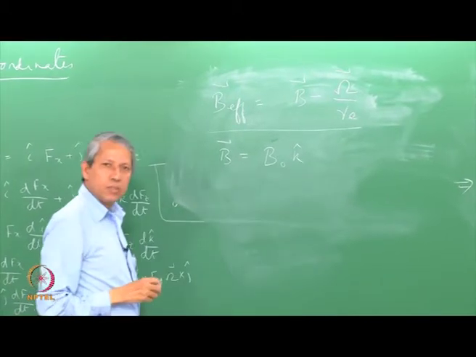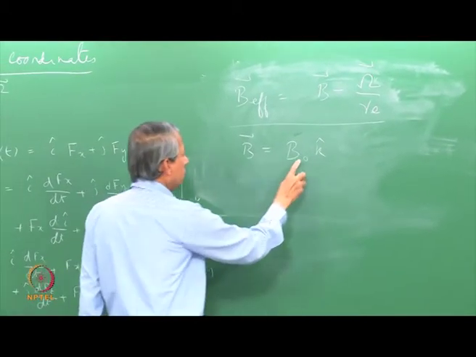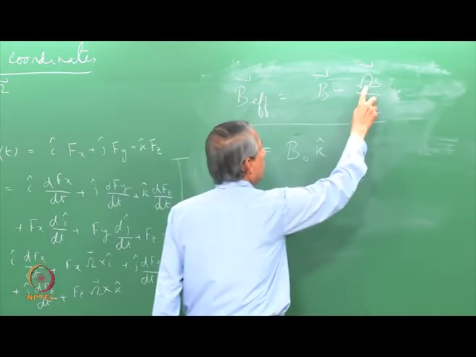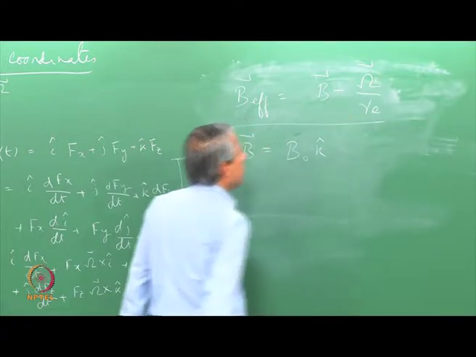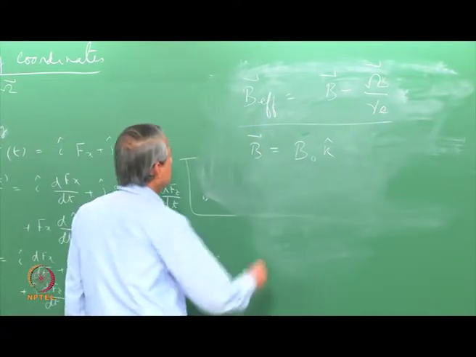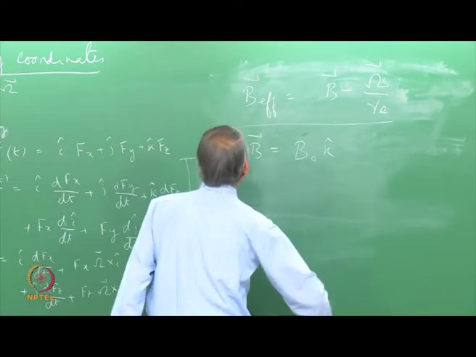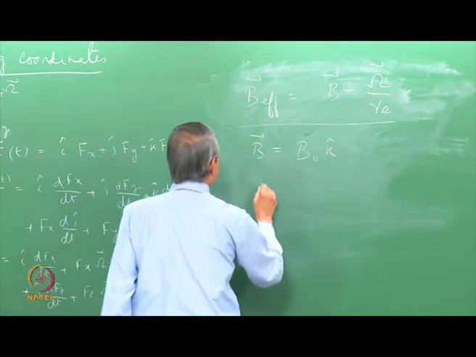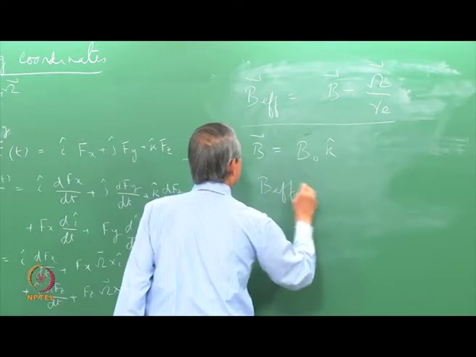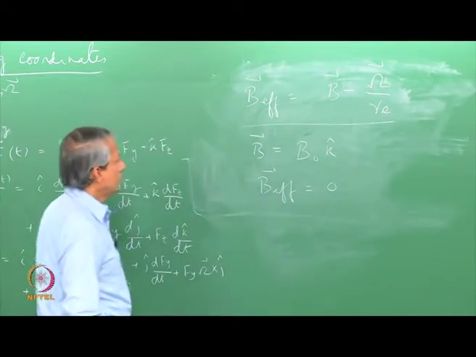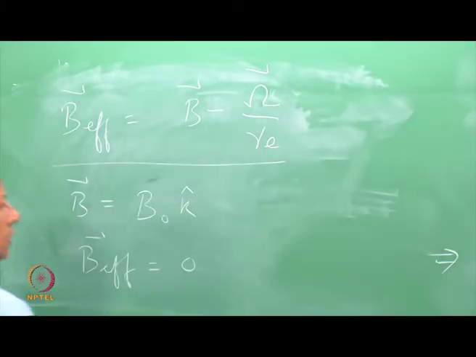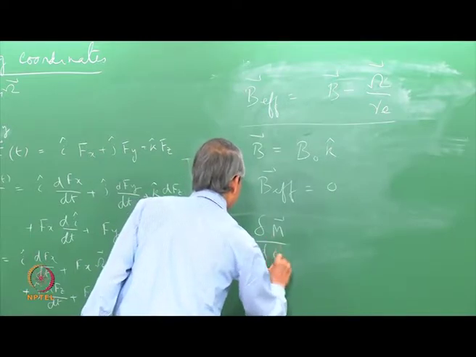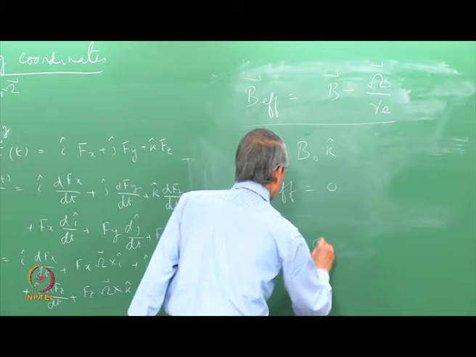If I choose a coordinate system which is rotating around the z axis with an angular velocity of this, then what happens is that if I choose the frequency in such a way that B effective becomes 0, then my dm by dt becomes exactly 0.